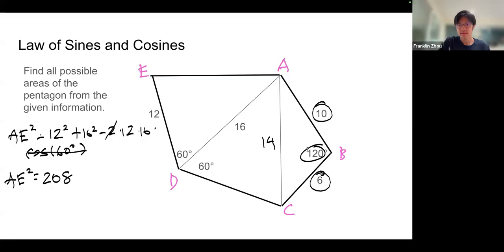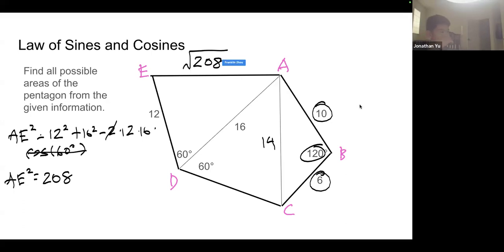I'll give everyone a bit more time to think right now. You could use a calculator for this one.